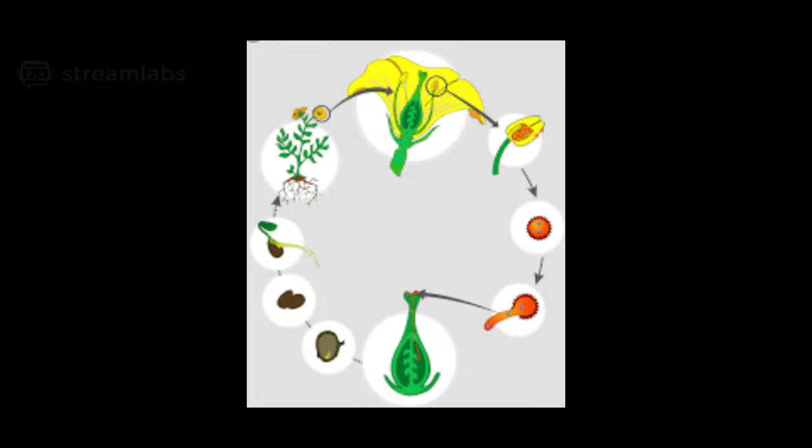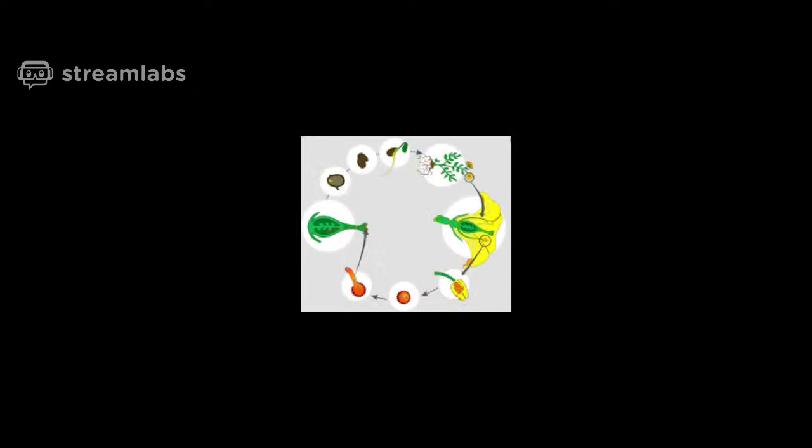Pollen tube enters inside the embryo sac and reaches egg cell, and fusion of male and female gamete takes place, and that develop as seed in future. That means the ovules produce seeds, ovary produce fruits like this.